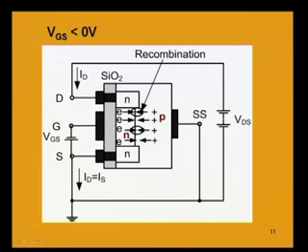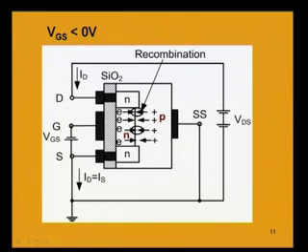So, in the process, when these electrons and these holes travel towards each other because of the impact of this gate to source negative voltage, there will be some recombination taking place between the electrons and the holes.